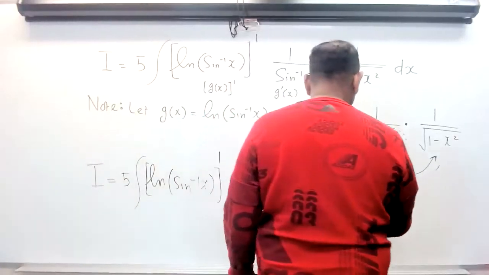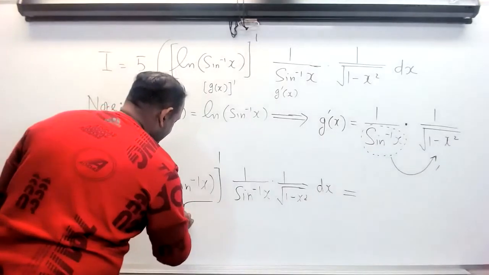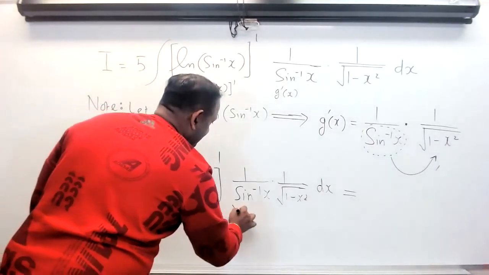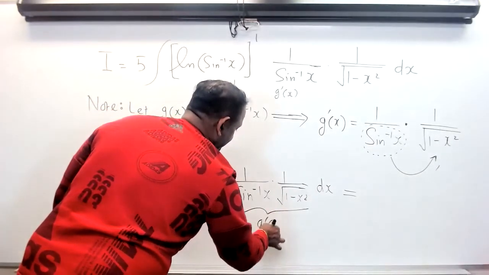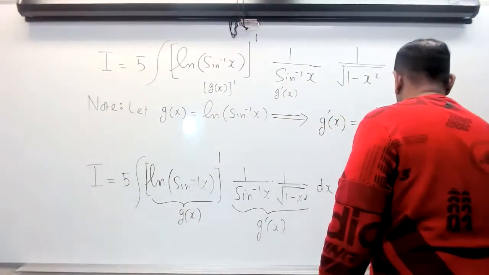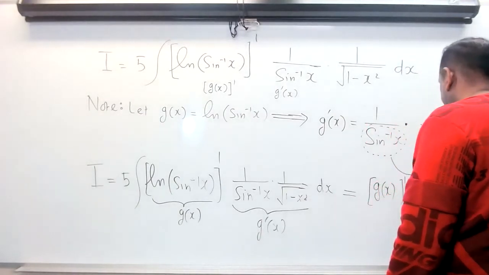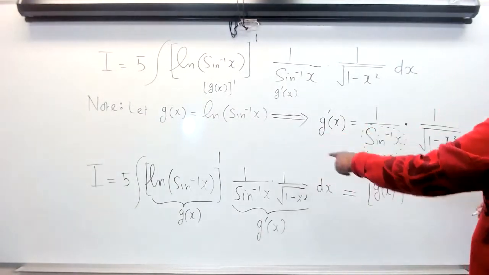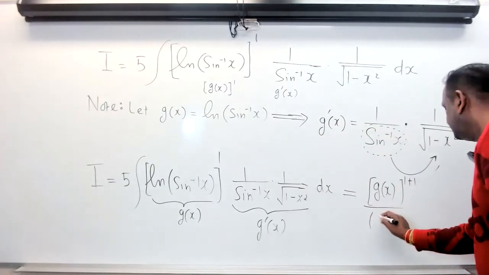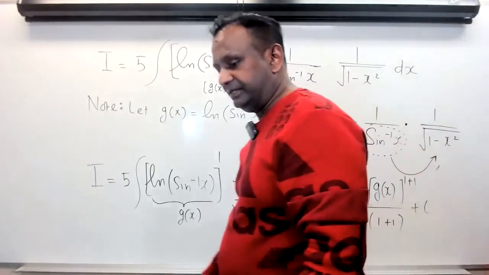It's nothing but, this is like my g(x), okay? This whole thing is like my g'(x). Then I can write g(x) to the power of whatever the power we had earlier, 1 plus 1 over 1 plus 1, plus c. Now you can replace g(x), that's it.